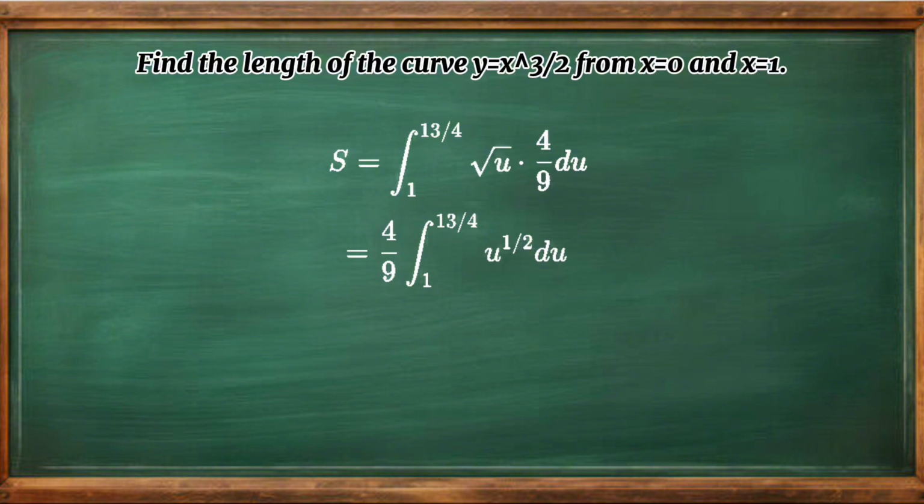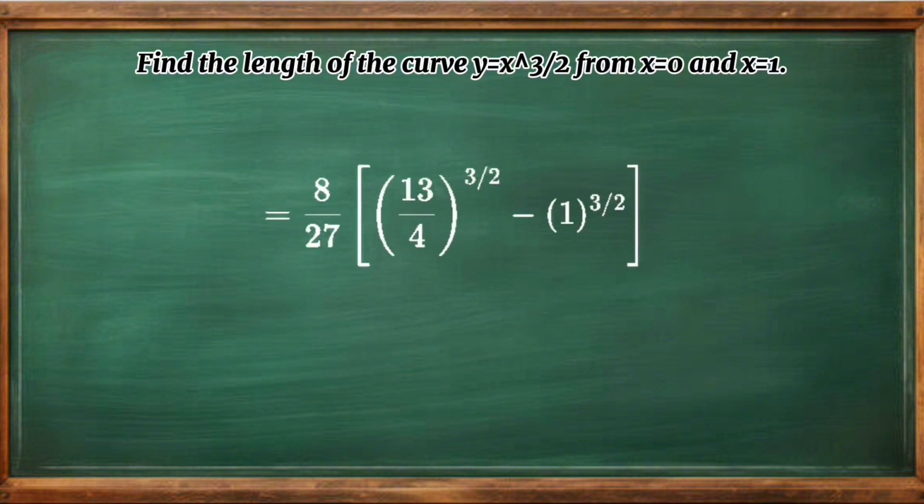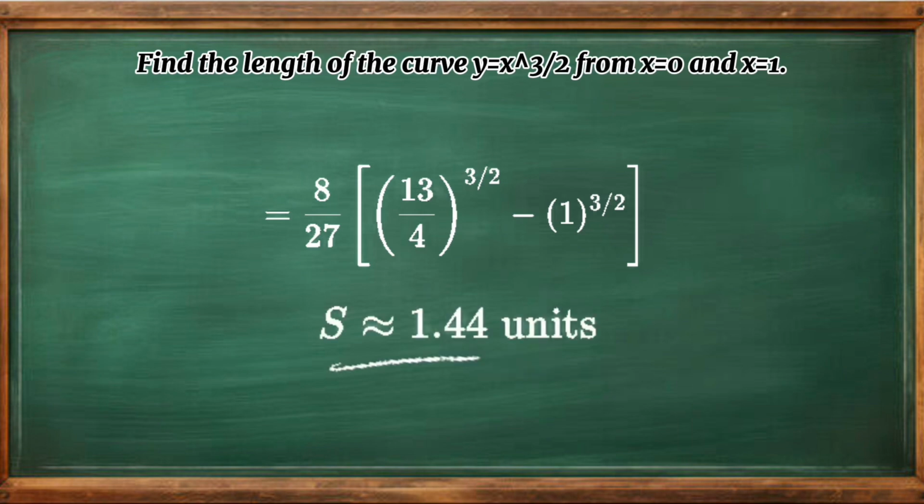We have 4 over 9 times 2u raised to 3 over 2 over 3 from 1 to 13 over 4. Now, we can substitute the value of our u, then evaluate it by our limits. Therefore, our length of the curve is 1.44.